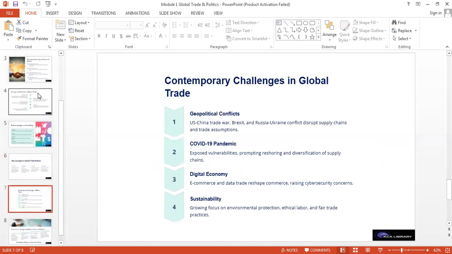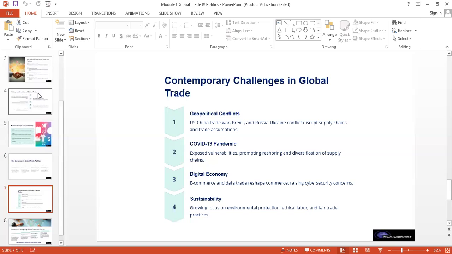What are the contemporary challenges in global trade? Global trade has its own challenges also. We talk about geopolitical conflicts.